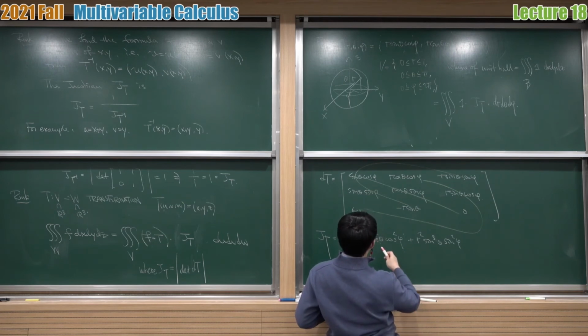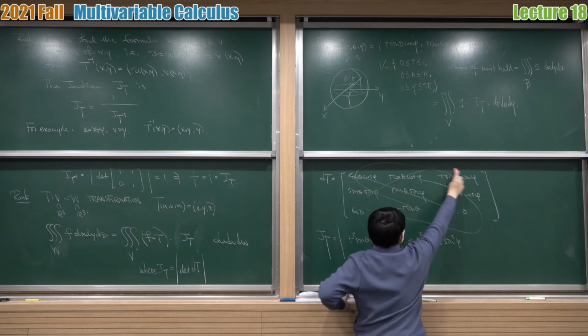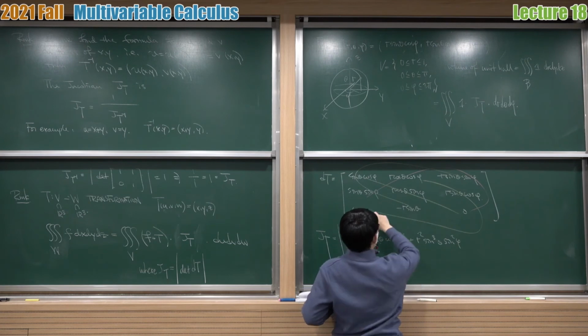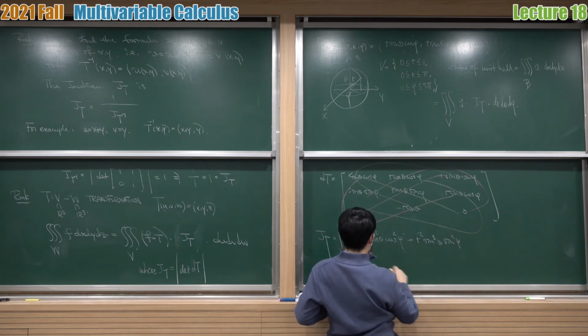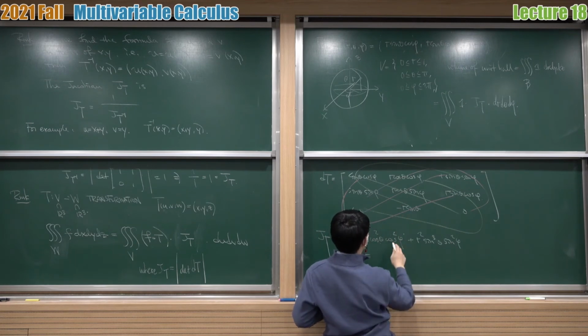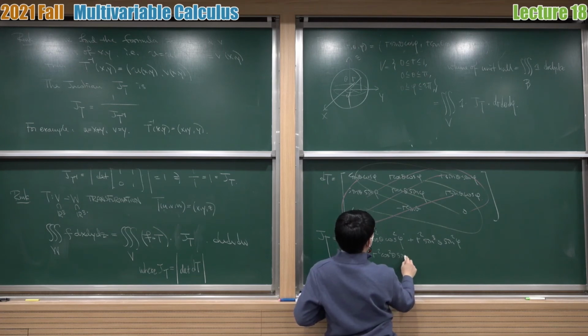And then we have a negative. So these negative becomes 0. So we have this negative and this negative. We have minus of minus, so it's a plus. So r square cosine square sine and sine square phi.